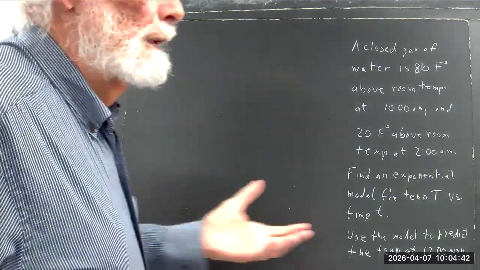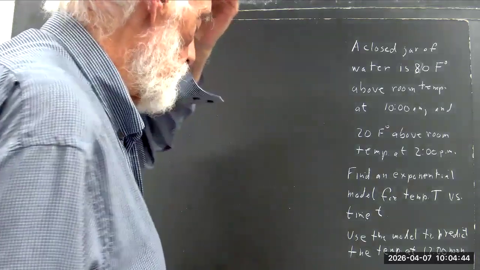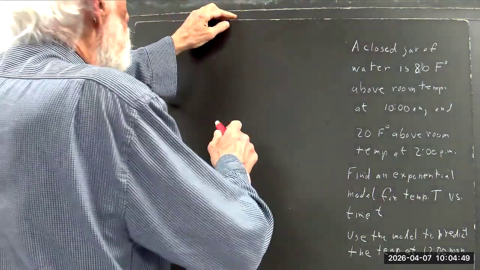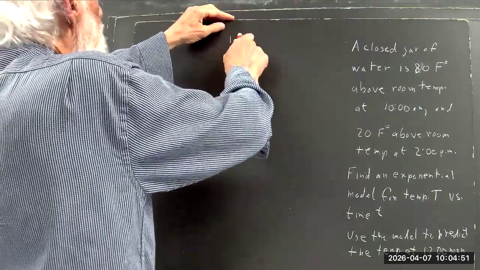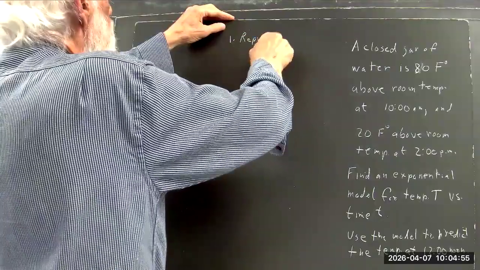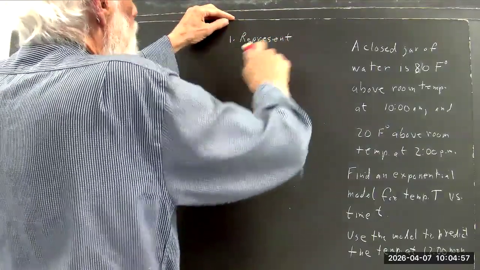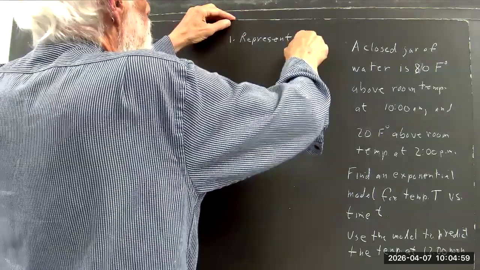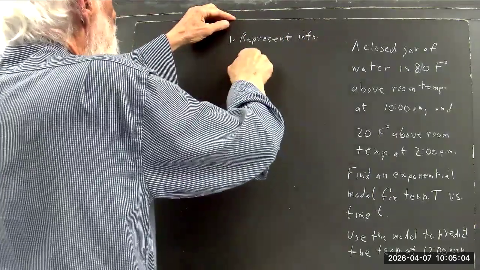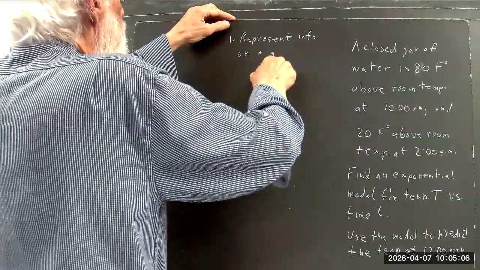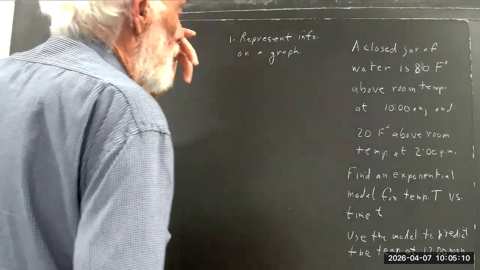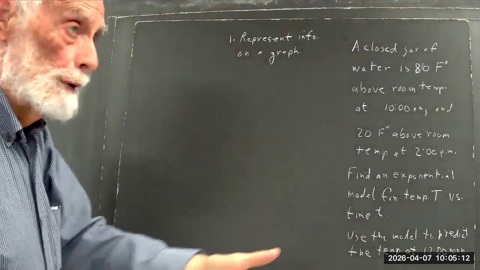Okay, now hopefully you've at least got a good start, but let's see how this would go. First, you want to represent the information graph, and that'll be represented as 2 points on a graph.